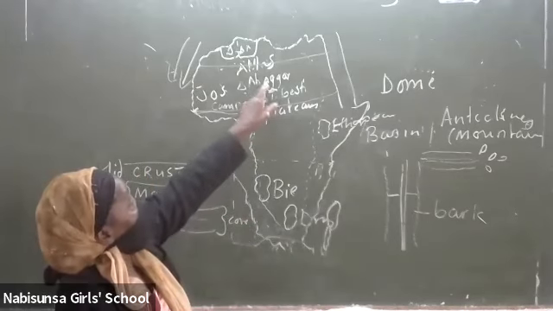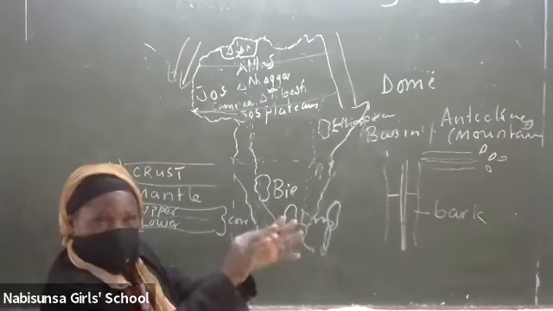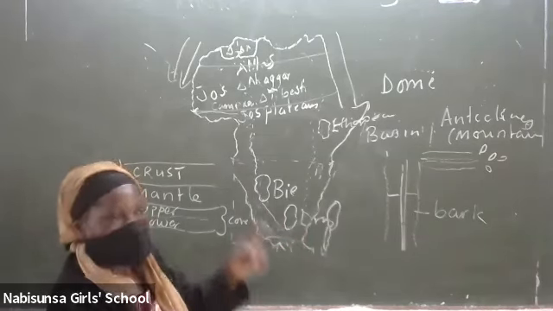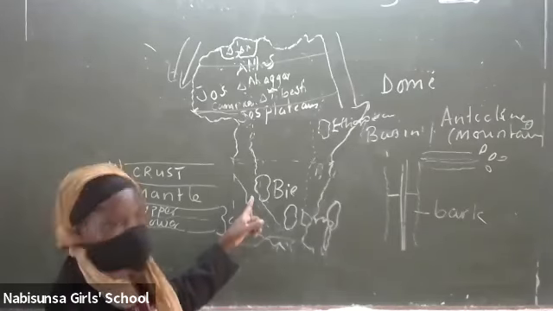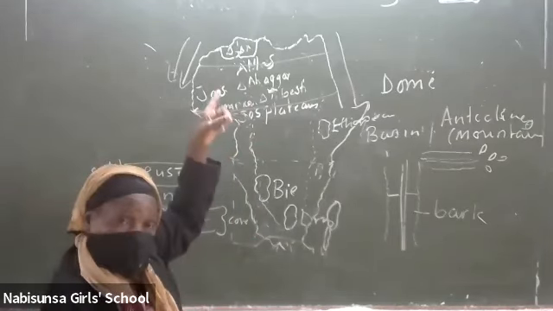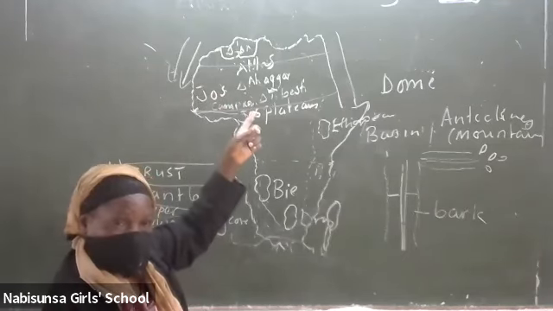The conditions here are the same as there, flat landscape and so on, but it is only the temperature. Here the temperatures are slightly low, and there the temperatures are very high. But both of them are deserts.